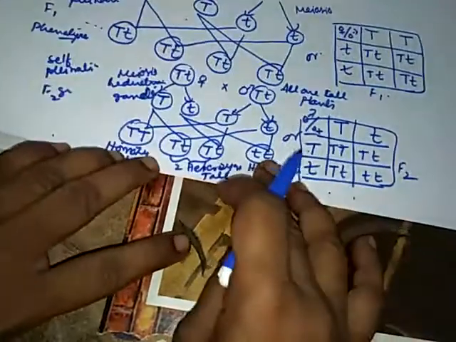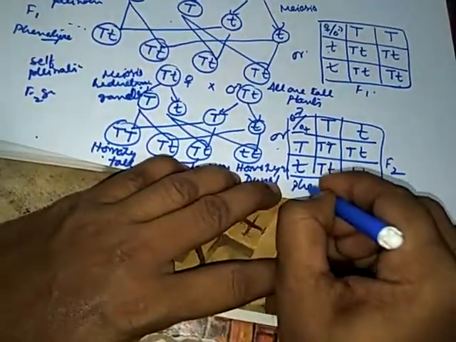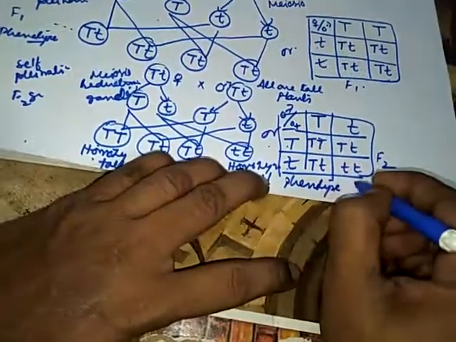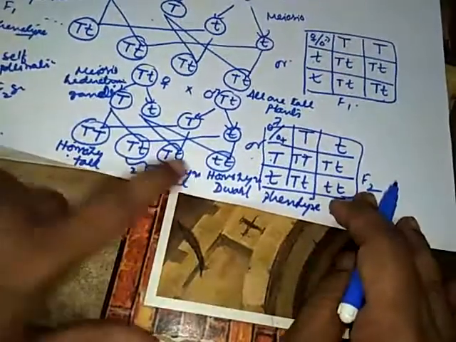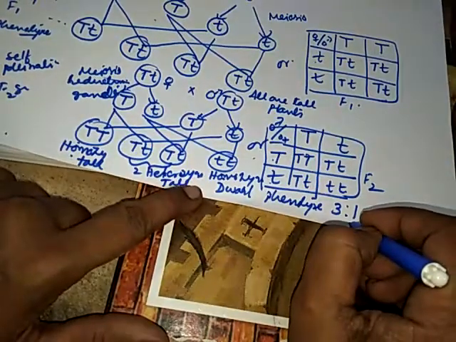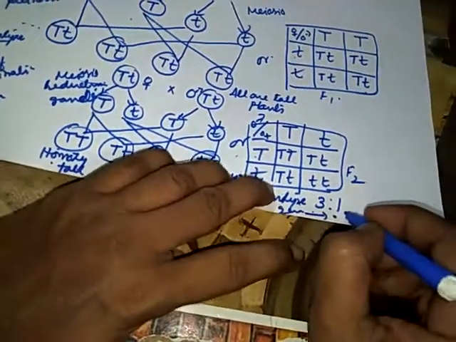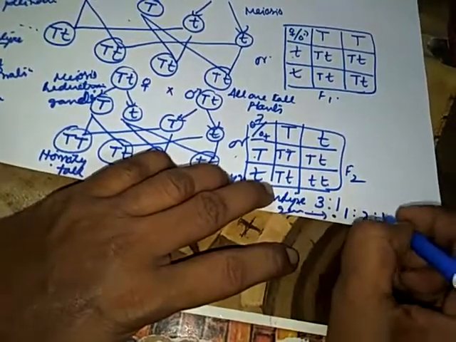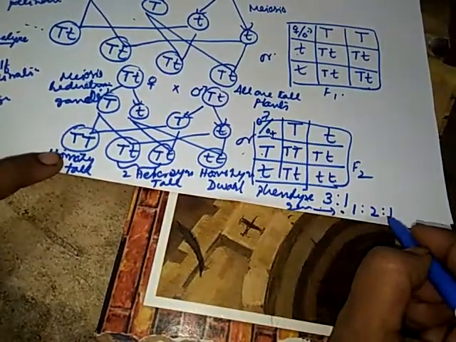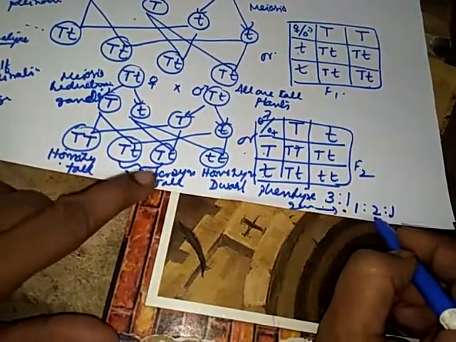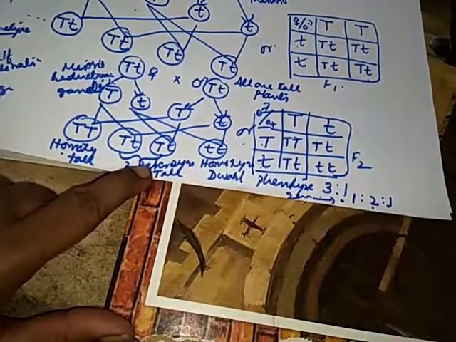So in total, if we go with the phenotype, it is 3:1: 3 cases are tall, 1 is dwarf. If we go for the genotype, the same as the before experiment, it is 1:2:1: 1 is homozygous tall, 1 is homozygous dwarf, and 2 are heterozygous tall.